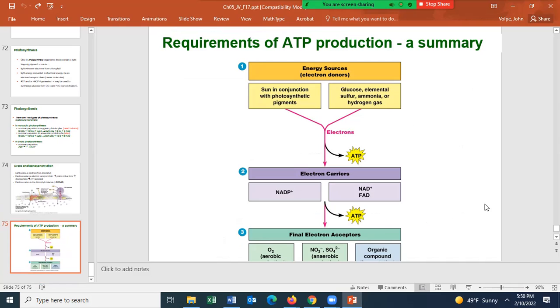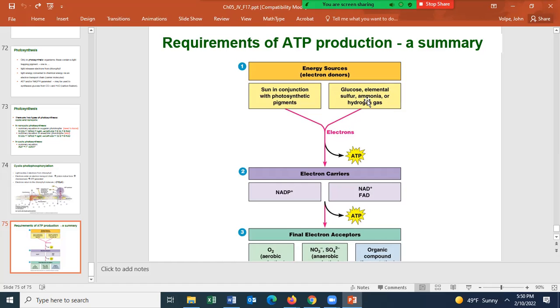All right, let's talk a little bit about ATP production. The energy source can vary. There can be different electron donors. In carbohydrate metabolism, the molecule can be glucose, where the electrons come from, or some other molecule, like another food molecule we're digesting.